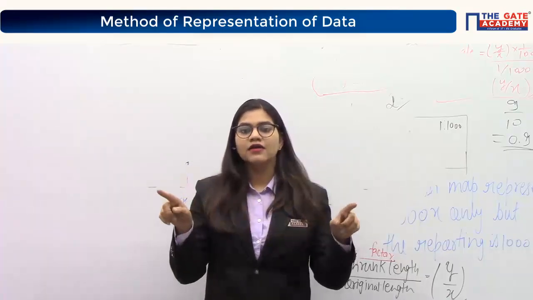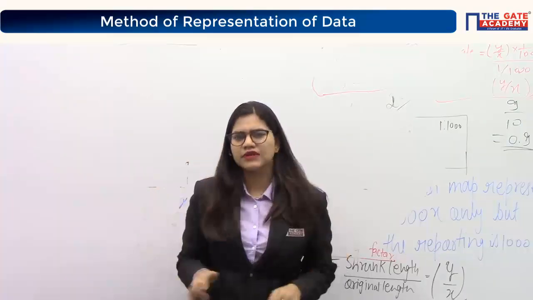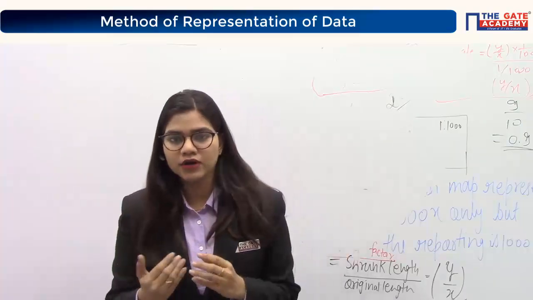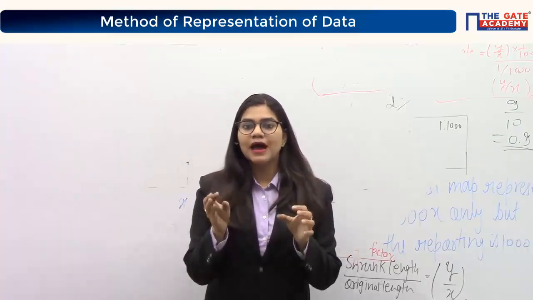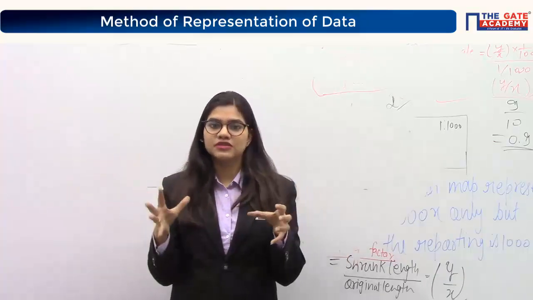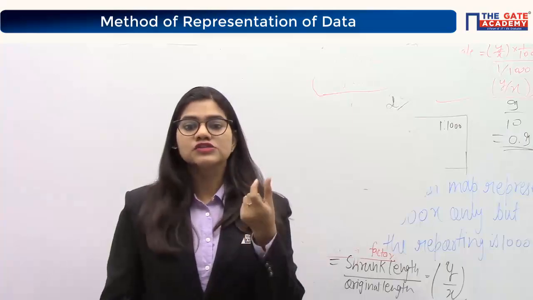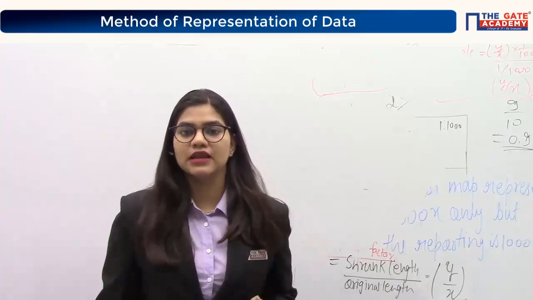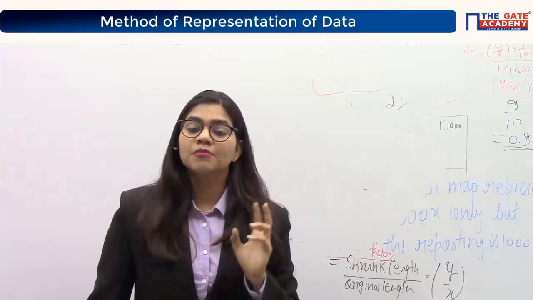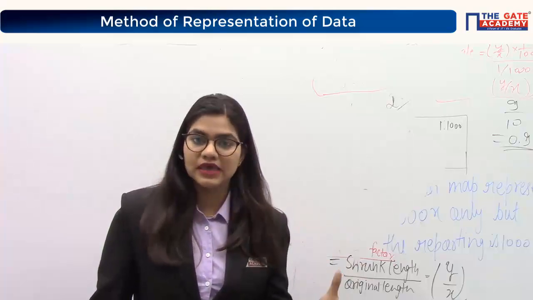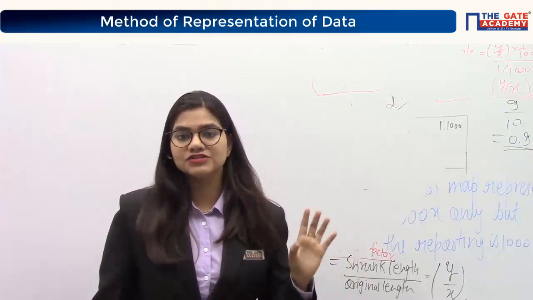But on a plan, you represent the larger or the important things. So in a map, if you are representing so many things in one map only, which type of scale do you have to use? A smaller scale. And when you talk about a plan, it has the larger scale.